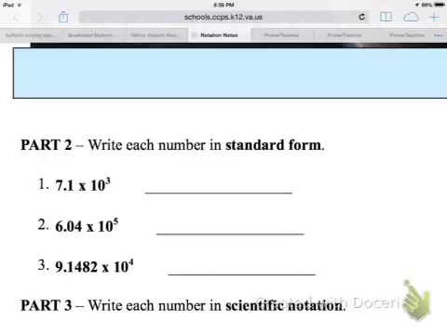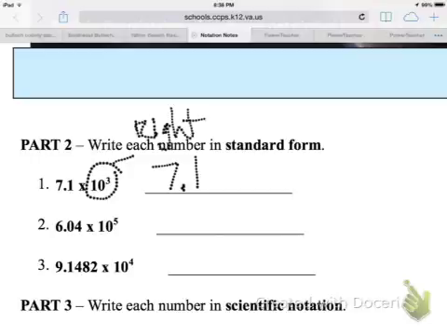Now, while it's still fresh on our minds, let's jump over to the iBook practice and work these problems out together. Again, I'm writing these in standard form. I'm going to start with my decimal number, which is 7.1. Looking at my power of 10, my exponent is positive, so I'm moving again towards the right. I'm moving my decimal the number of times of my exponent.